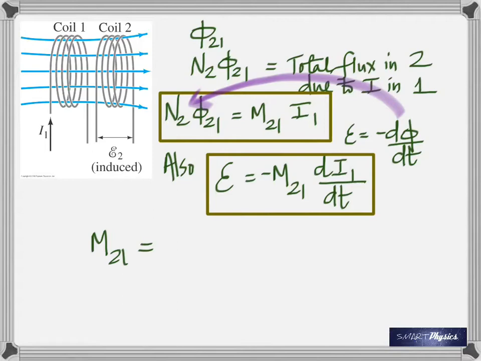Is the same two coils, the same number of turns, the same distance, everything the same? Will their mutual inductance be the same, is my question. Yes. The answer is yes. So next time when we write it, we're going to label it M12, but it doesn't matter because M21 is exactly the same as M12. So I don't want to spend time on that.